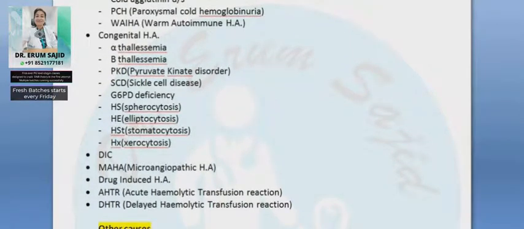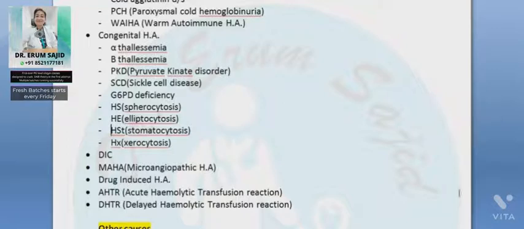Now, why have I come back to DIC, though we've already discussed it a little? It's intriguing to know a little more about the basics of DIC. And you will definitely come across microangiopathic hemolytic anemias, which could also be a category of thrombotic microangiopathic hemolytic anemias.